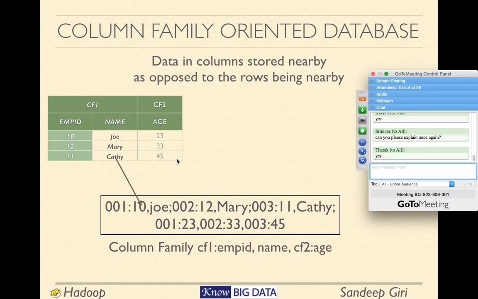Now, if you have multiple columns in a column family, or if we have only a single column family in a table, that means the whole table is row oriented, in the way the data is going to get stored.